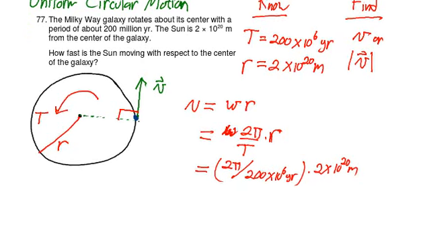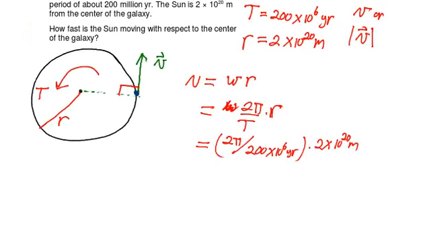So I'll get my calculator out and do that arithmetic. 2 times pi divided by 200 million times 2 times 10 to the 20th, so that equals 6.28 times 10 to the 12, and that would have the units of meters per year.